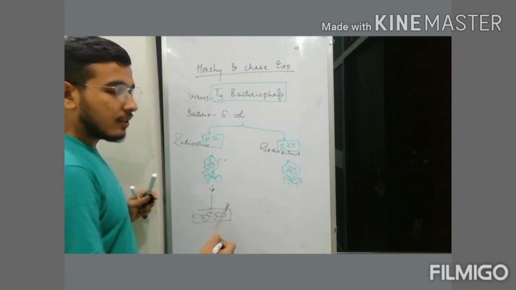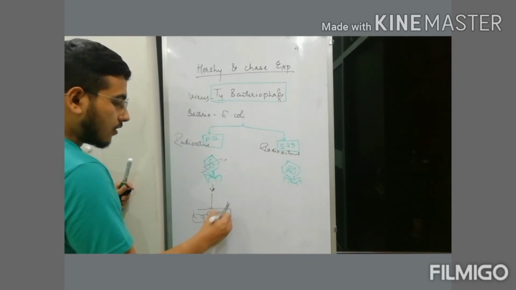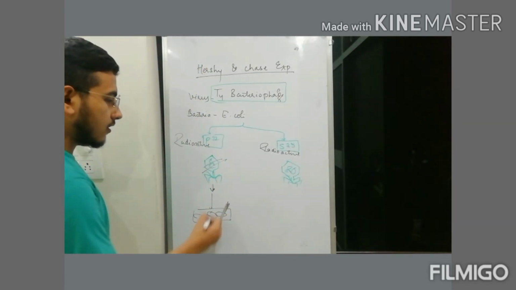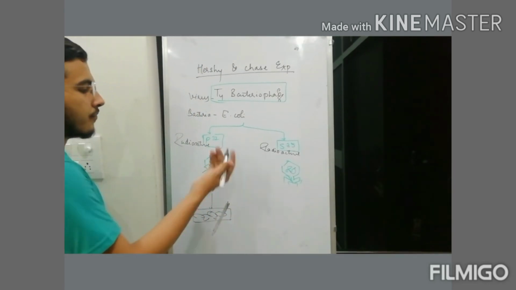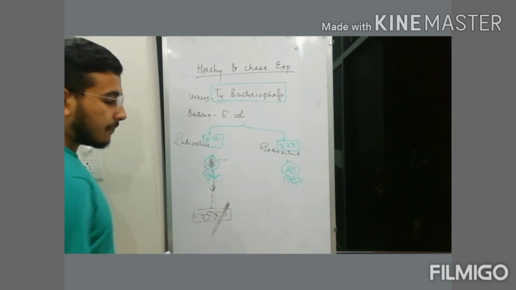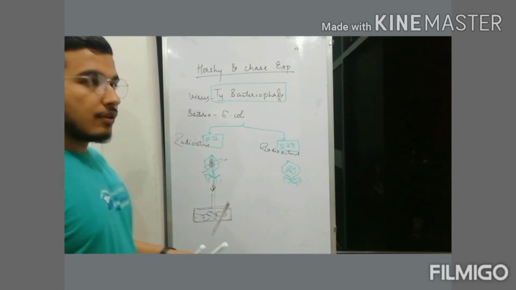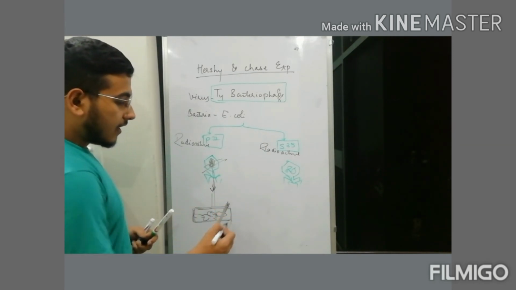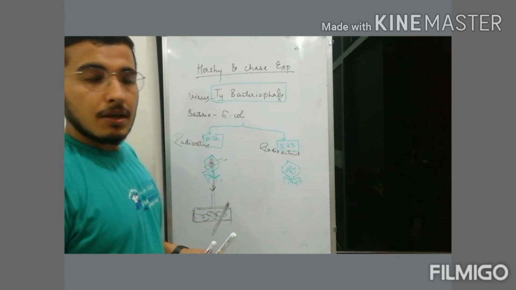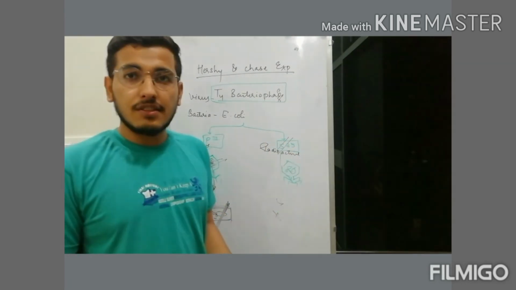Radioactive phosphorus was found in the new colony where they multiplied, meaning the virus incorporated its genetic material, and on the new viruses that developed radioactive phosphorus was found, but the radioactive sulfur was not present in the next generation.